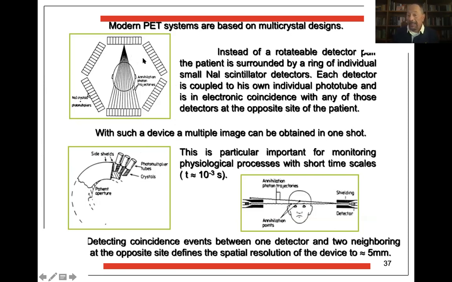It's going to be expensive, of course. Each detector is coupled to its own individual phototube, and it's in electronic coincidence with any of those detectors on the opposite side of the patient. But the advantage is that with such a device, multiple imaging can be obtained in one shot. And this is particularly important if you want to monitor physiological processes with short time scales.